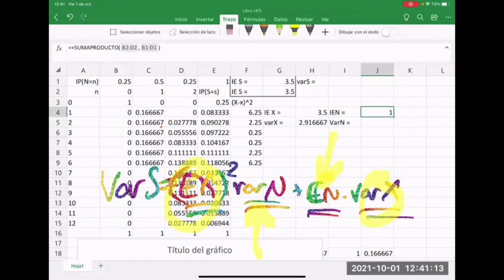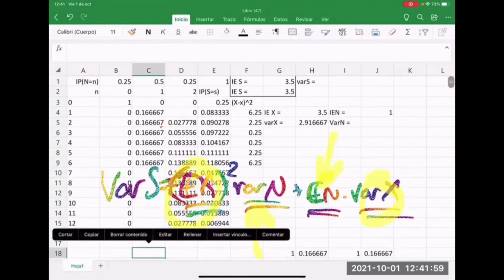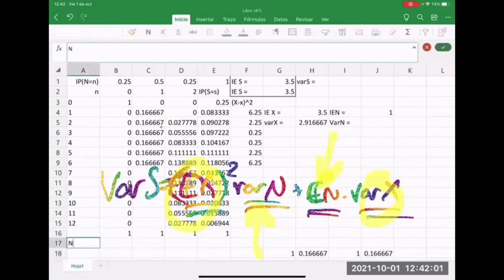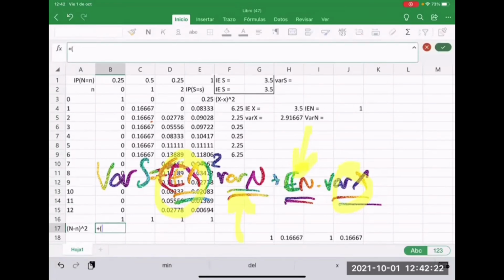So the expectation of n equals 1. And well, here I will just compute what? N minus the expectation of n, squared, like this. So now we just need to take n, which is this, minus the expectation of n, which is here, squared.